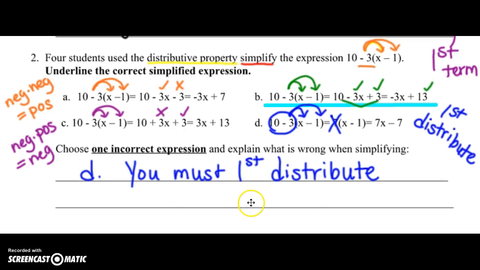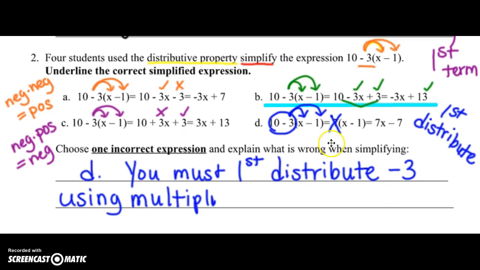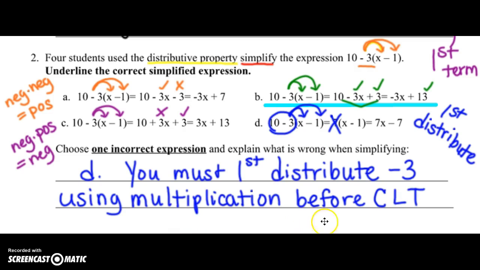You can say you must multiply first, but we're using the distributive property to distribute that negative 3 or minus 3 into the quantity x minus 1, which is in parentheses, those grouping symbols around them. Before we combine like terms, that's right, CLT, not a BLT.